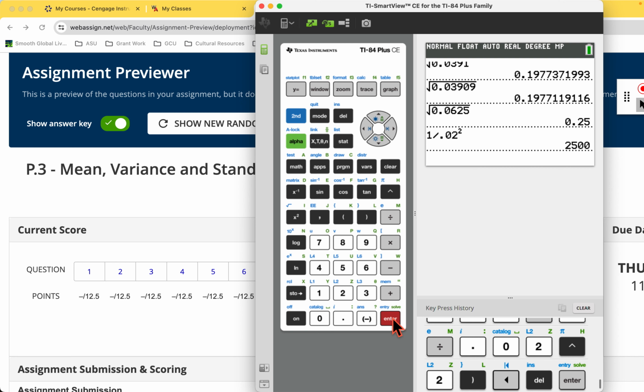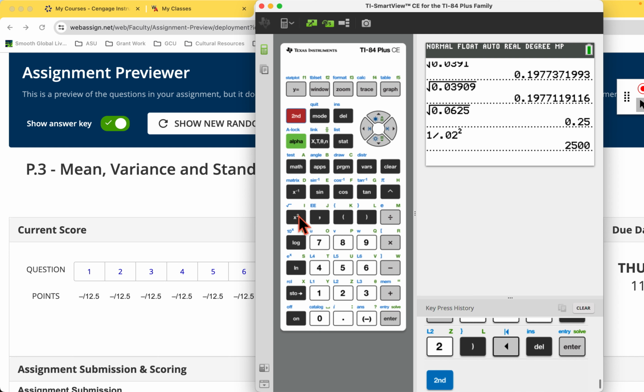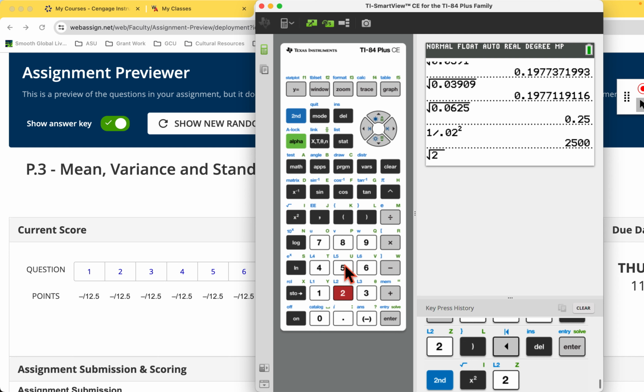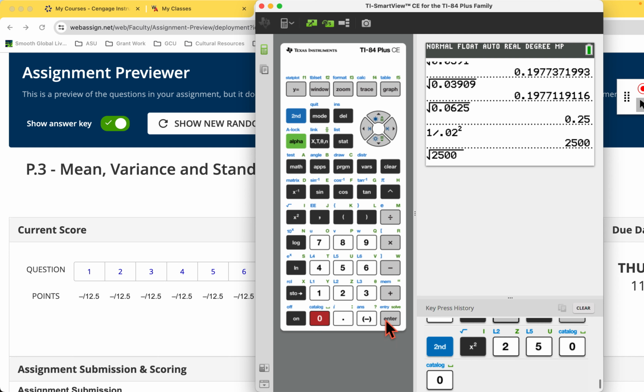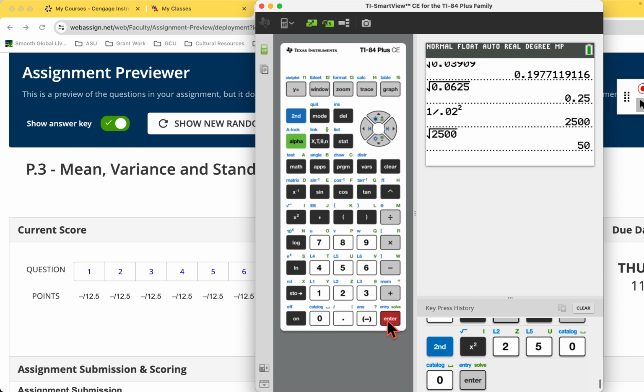Square root of the variance. And this should look familiar to you. I think we're going to get 50, square root of 2,500. And we do. So it's just with these exponential functions, the mean and the standard deviation are exactly the same, right? So we just go back.